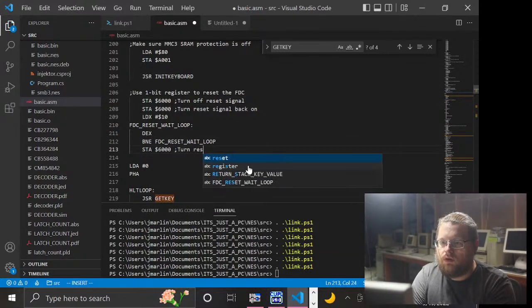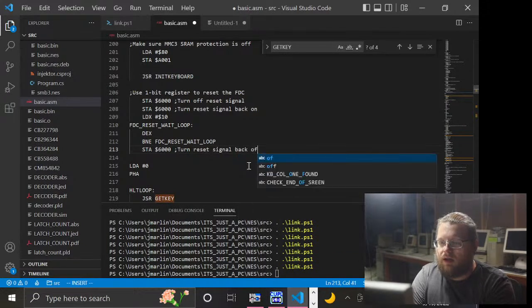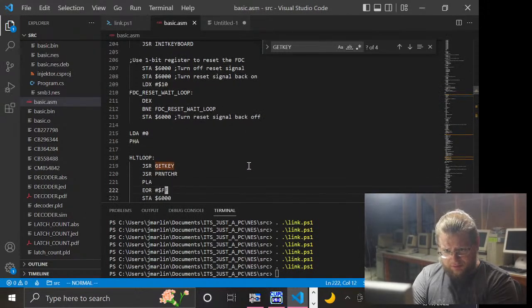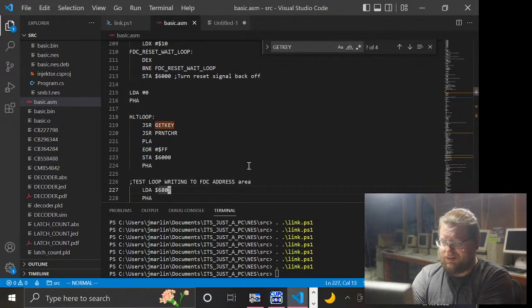Turn reset signal back off. Now, I really doubt that matters for turning on the drive motors, because I imagine that doesn't really have much to do with the internal logic of the chip at all. But whatever. It's there now.